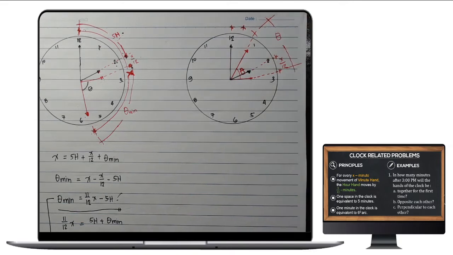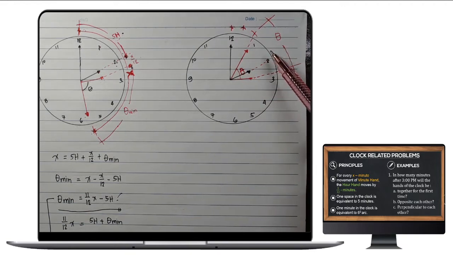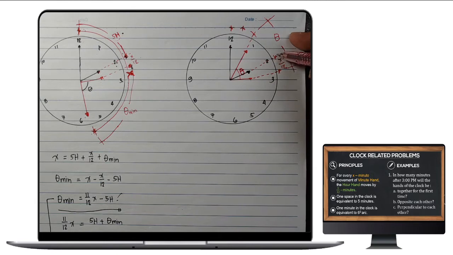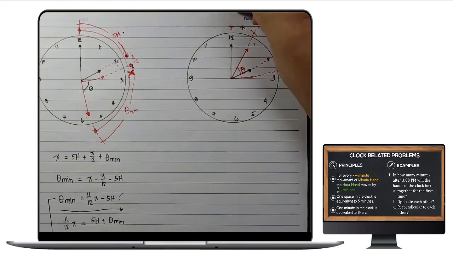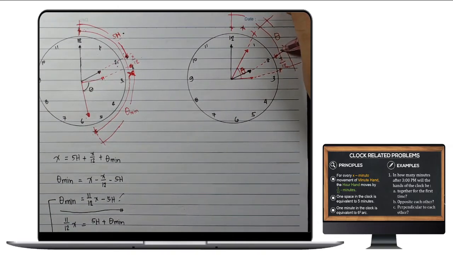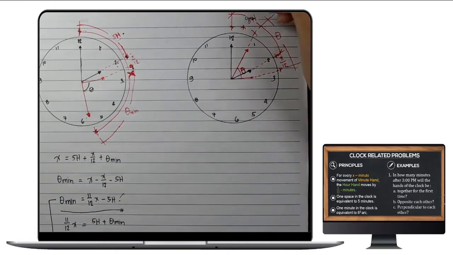Here is our theta. From this point to this point, we have it as x. Then, from this point hanggang dito, itong buong to, that is our theta. And from this point up to this point, yun yung ating x over 12. And yung original position natin, mula dito sa 12 o'clock mark, itong part na ito, that is our 5h.